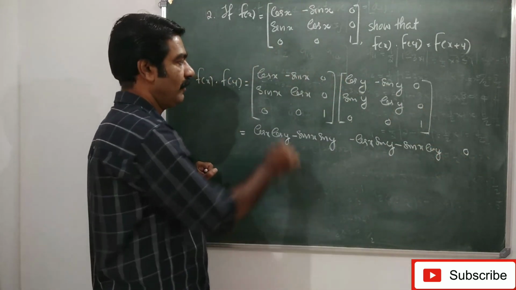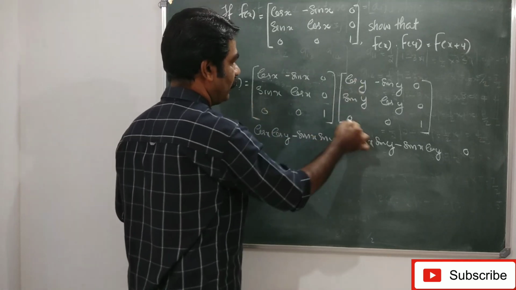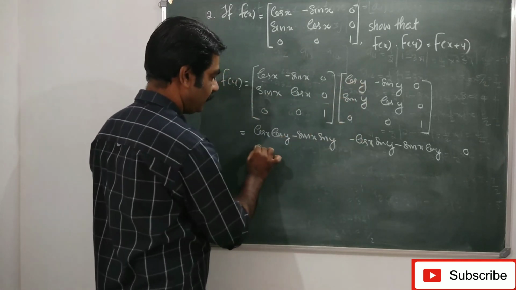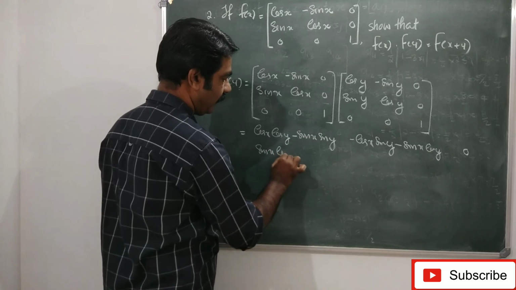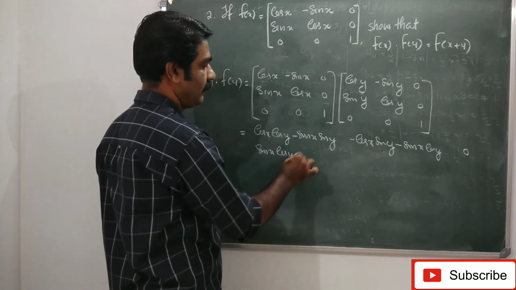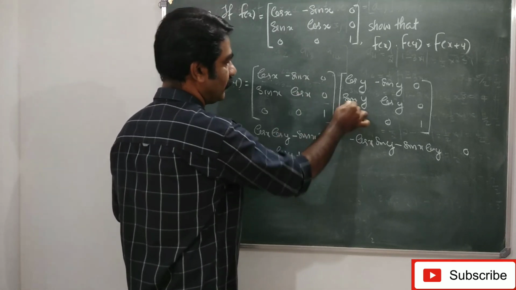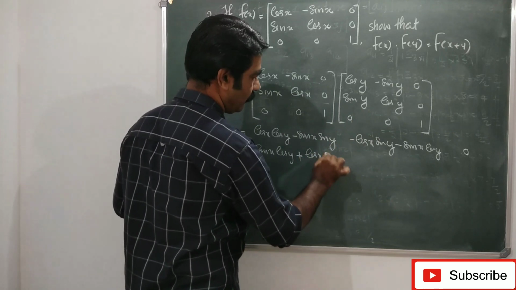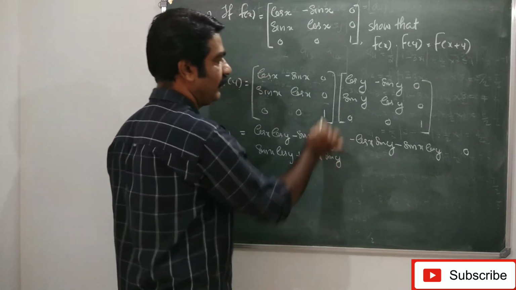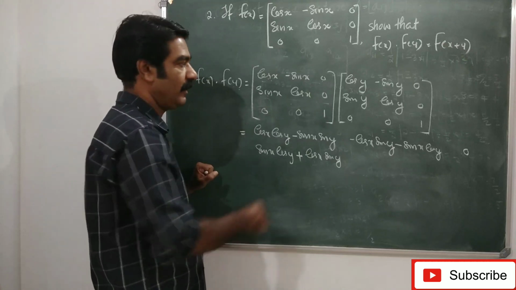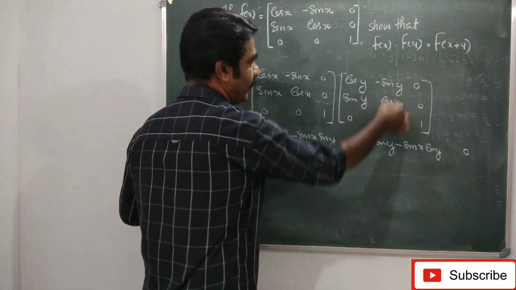Okay. Now we multiply second row with the first column. Sin x into cos y, that is sin x cos y. Then plus cos x into sin y, that is cos x sin y. Then 0 into 0 becomes 0. Now second row with the second column.